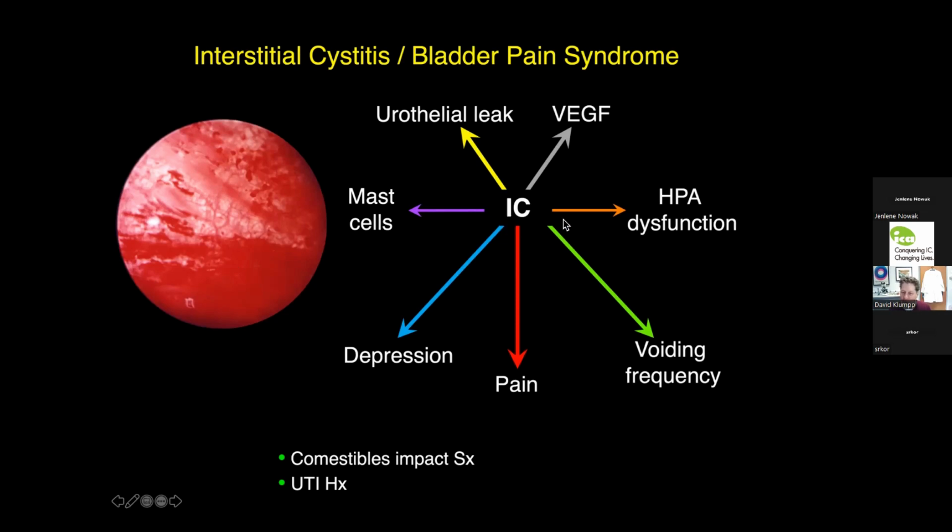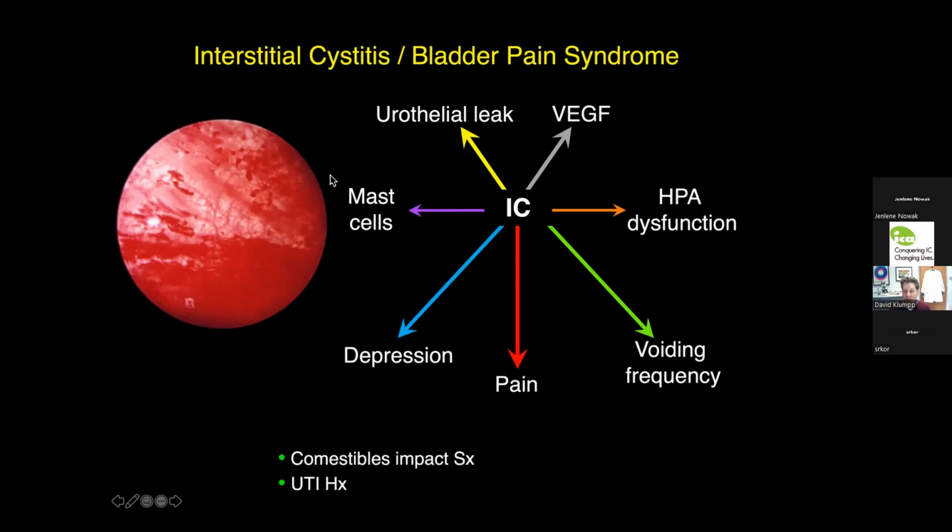IC, as we know, is best characterized by severe and even debilitating pelvic pain. Voiding frequency and profound voiding dysfunction are also characteristic of IC. Comorbid depression is often associated with it. That can be linked to, and I'll define this term later, HPA axis dysfunction, so altered stress responses and cortisol levels.